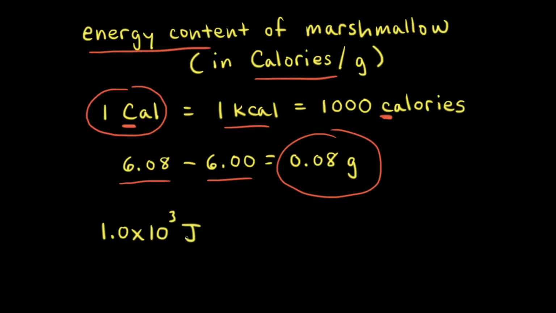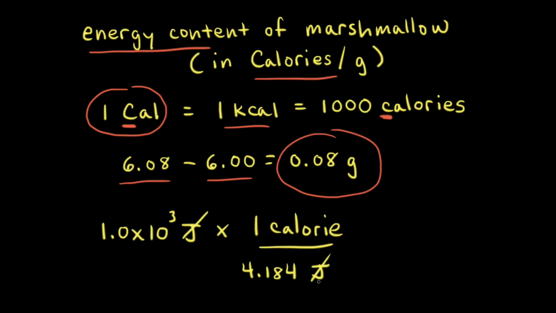So first, let's convert that into calories with a lowercase c. If we multiply by the conversion factor of 1 calorie with a lowercase c for every 4.184 joules, joules will cancel out, and this gives us 239 calories with a lowercase c.